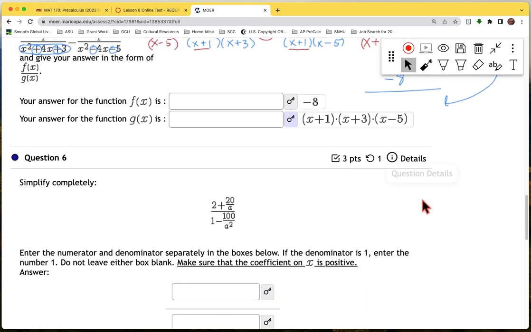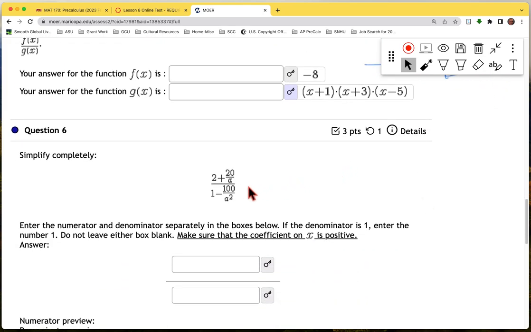Step it up another notch. Again, this is a complex fraction. It really is just division. But we've got 2 plus 20 over a, so we've got sort of a complex fraction within a fraction. One technique that works for this is if we multiply by the common denominator, we will get rid of these denominators.